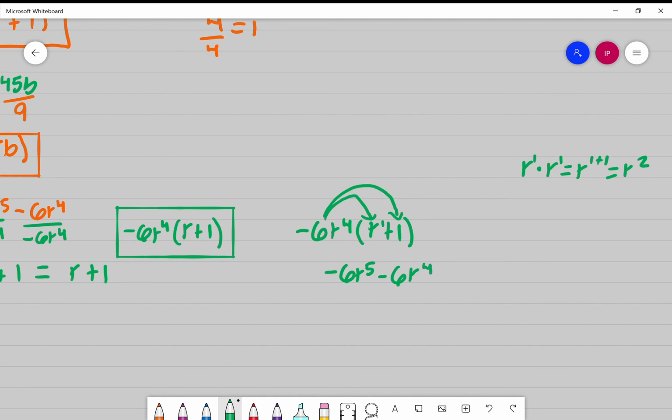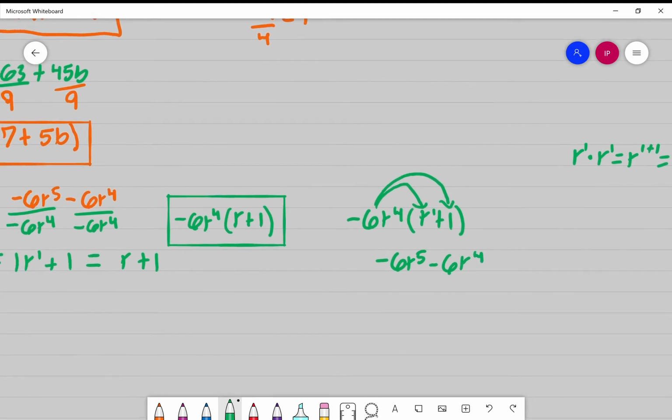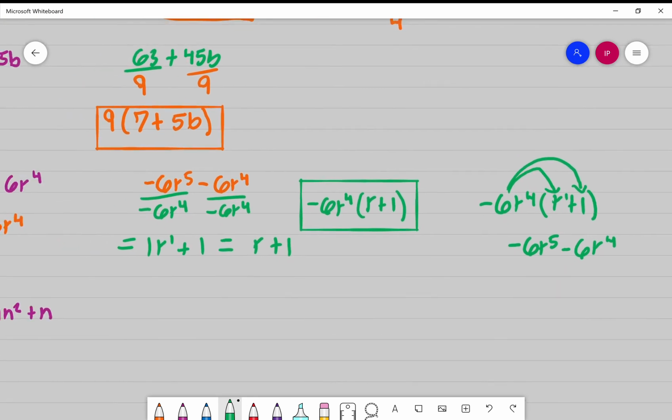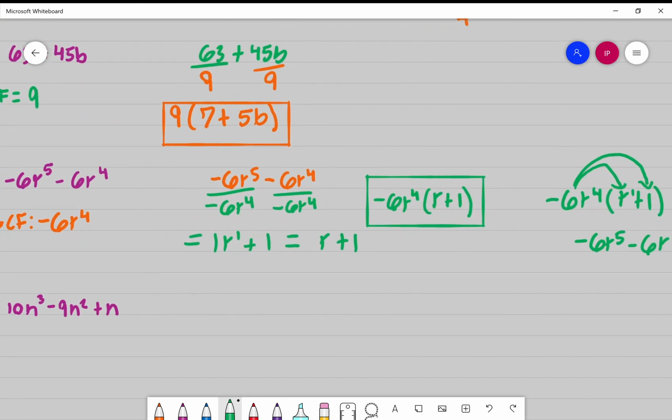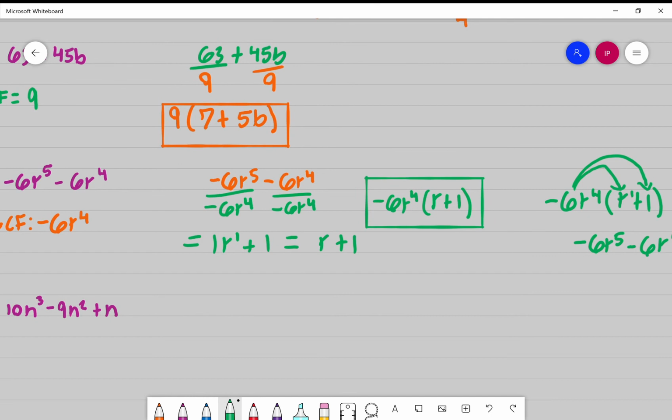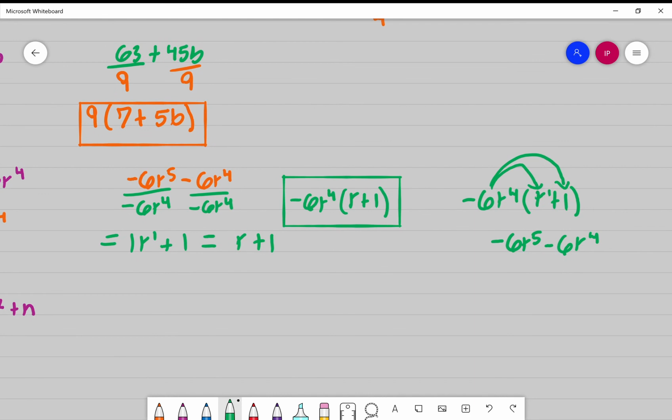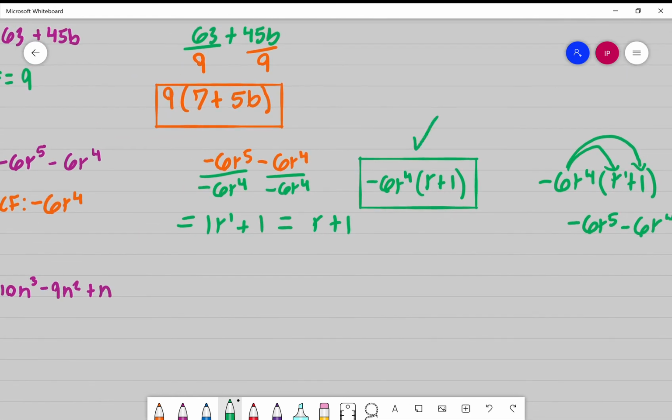And if you get what you started with in the beginning of the problem, then you know you've done it right. So let's compare. The original problem, we had negative 6r to the 5th minus 6r to the 4th. And then over here we have negative 6r to the 5th minus 6r to the 4th. That's what we started with, and that's our answer. So we know this problem is right.